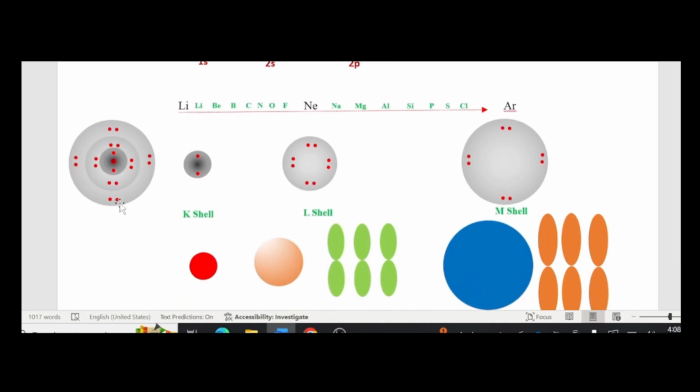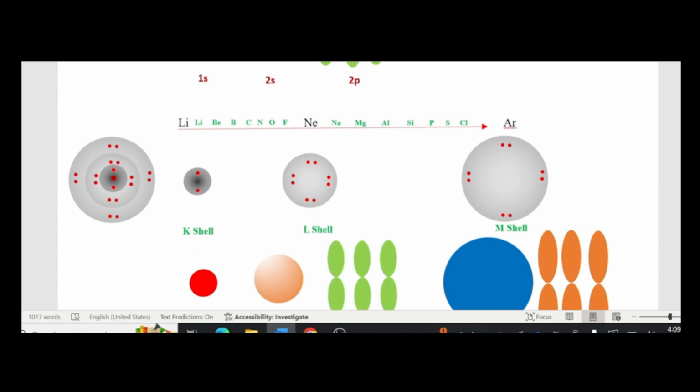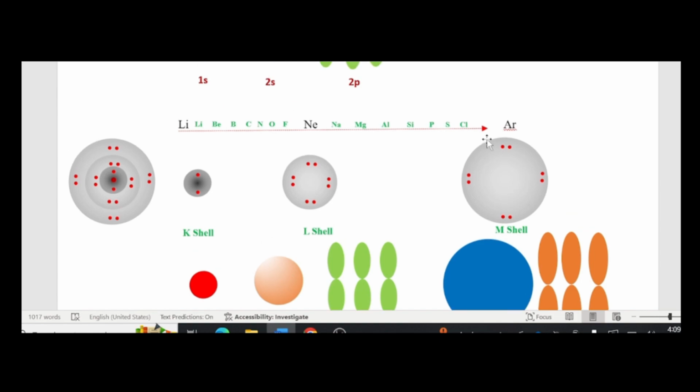Let's say we have a bigger element. Let's say this is argon. Let's say this is the Bohr-Rutherford diagram from argon. If we remove all of these shells separately, we're going to have a K shell here. This one, like we did before, will be the L shell. And this one here becomes the M shell. Argon here will have everything that helium had, everything that neon had, and it will have 8 more electrons outside there.